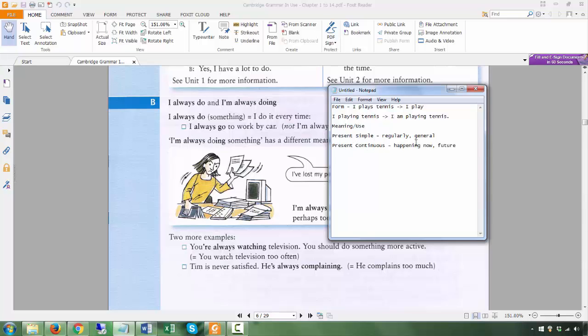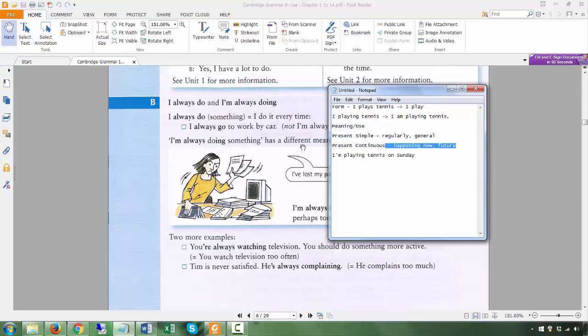Now this gets a bit complicated. You use the present continuous tense to describe the future in certain instances. Okay, not always. Remember, the general meaning is happening now. But for example, when you say "I'm playing tennis" and you include a future time, like on Sunday, then of course you are not saying that you're playing tennis now. You're saying you're playing tennis on Sunday. So this is talking about the future, even though you're using the present continuous tense.